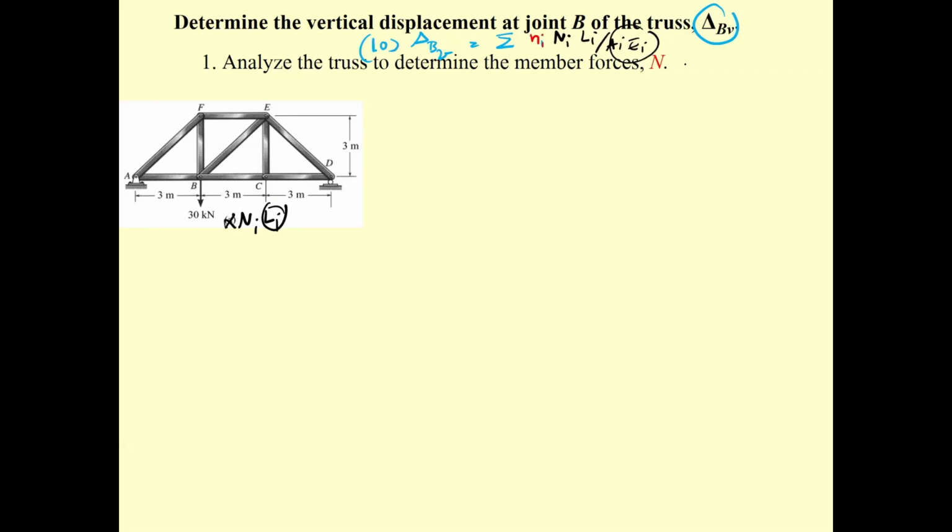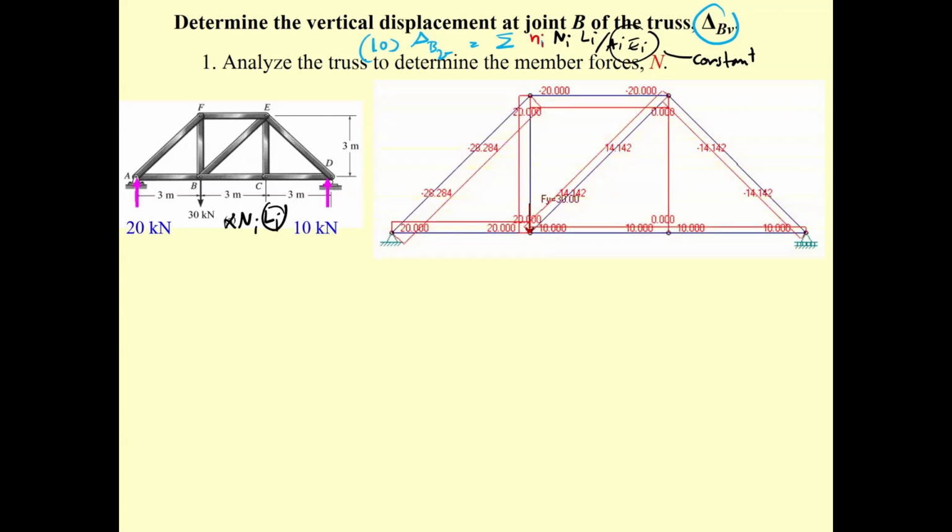We know they are constant. Now they are constant. All members have the same AE. Now you do the computation for the reactions, and then you use the computer. You can get this one plus 20, this one plus 10, this one plus 10. In the examination room, you can let me compute.